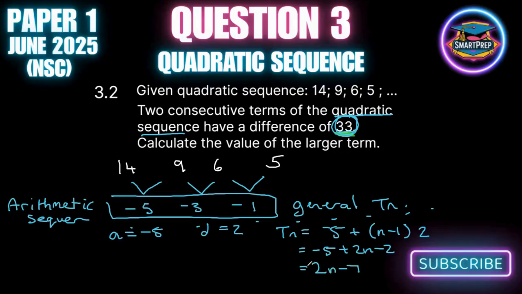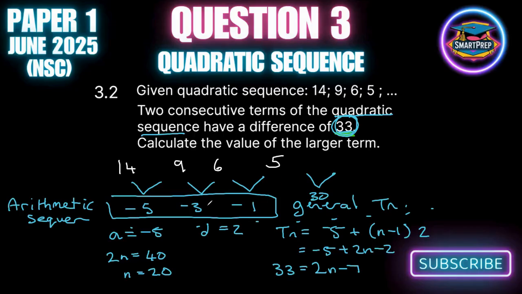Now all we need to do is find out when does this equal 33. So we sub in 33 for our Tn, and we get 2n is equal to 40, taking the -7 to the other side, and n is equal to 20. So we know that we'll have a difference of 33 on the 20th term.